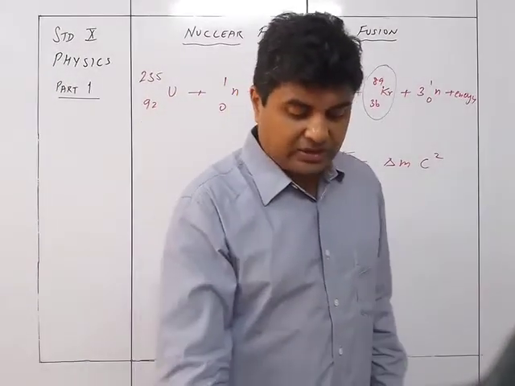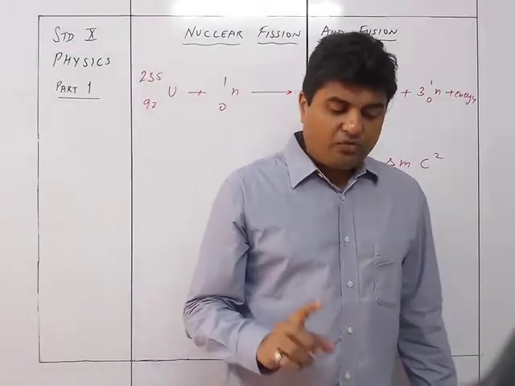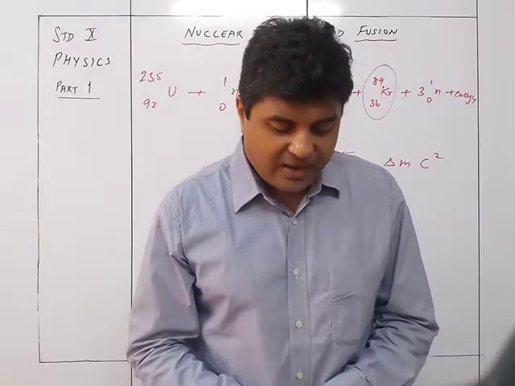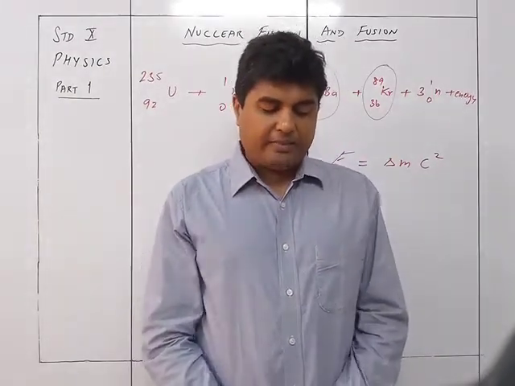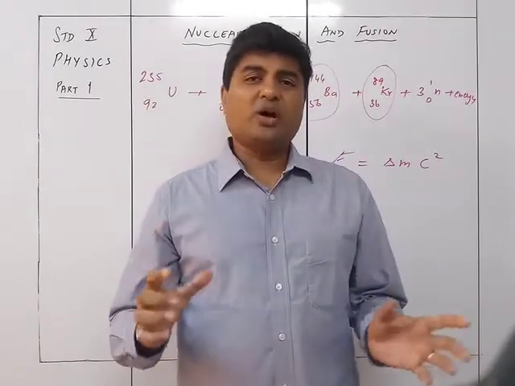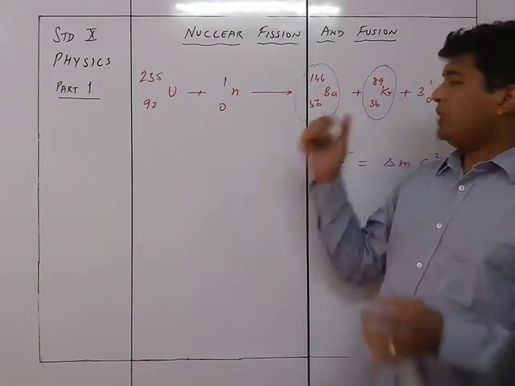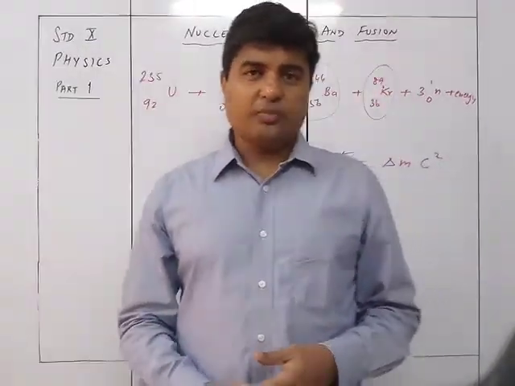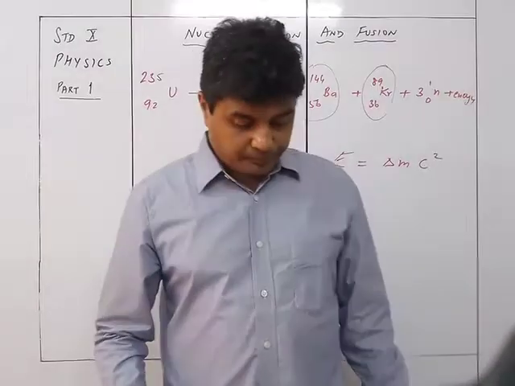The 2 fragments obtained on fission of 1 uranium-235 are unstable and they emit beta particles and gamma rays to become stable. So this is not the end of it. These also keep on giving out beta radiations and gamma radiations because they are still unstable.